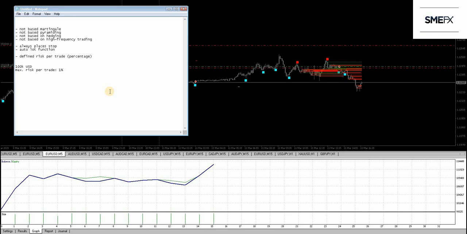Yes, I should say that also I included a trade counter. So once a certain number of trades is open, the EA doesn't add additional trades, and there's a whole range of other factors such as a spread filter, a time and day filter, and so on and so on. Last but not least, I should also say that it's quite unlikely that you will find a good robust strategy just based on standard indicators.